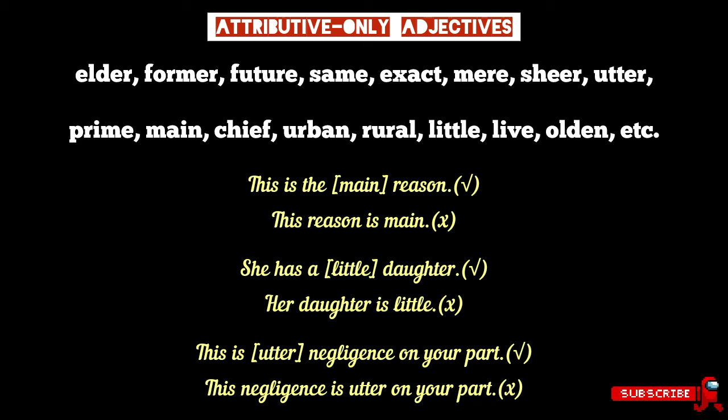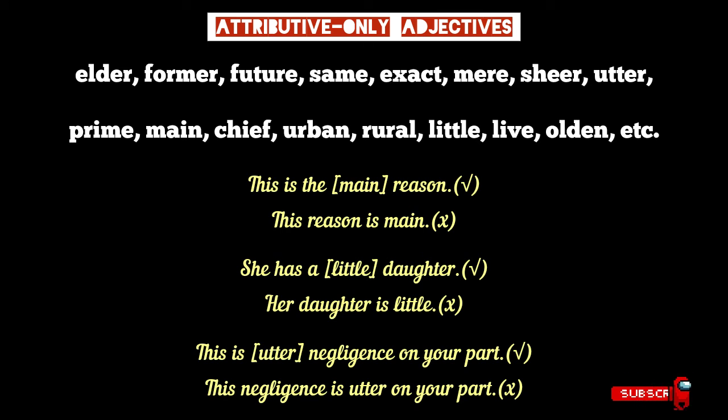We cannot use any of these adjectives predicatively in a sentence. For example, this is the main reason. In this sentence, the adjective main has been used attributively before the noun reason to modify it. But we cannot use main as a predicative adjective. So for this reason, the sentence this reason is main is grammatically incorrect.